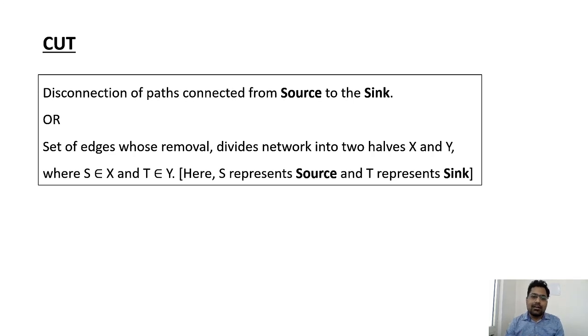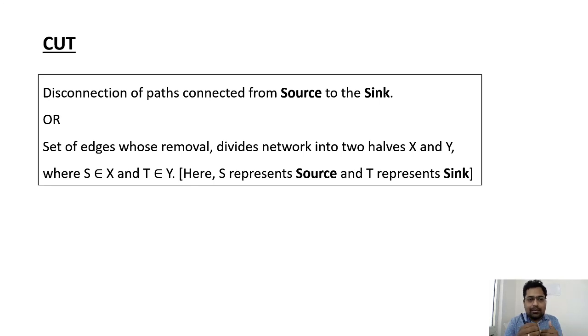Now let us start. What is a cut? Always remember, we have to disconnect the paths connected from source to destination, or source to sink, and that is considered a cut. For the minimum cut, we are considering the number of edges we are focusing on, as well as the minimum capacities. How we calculate it plays a vital role here.